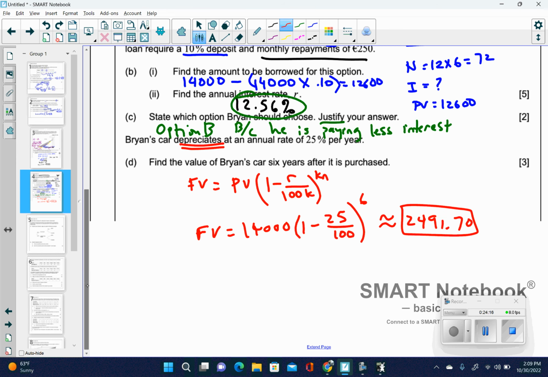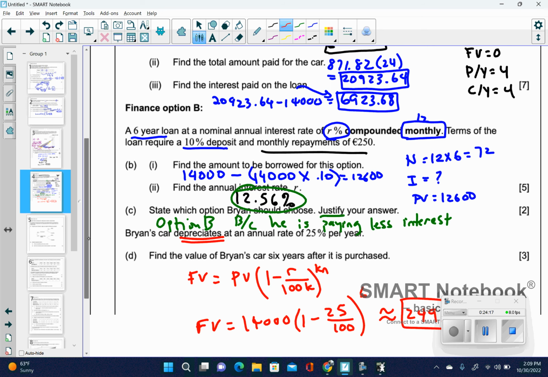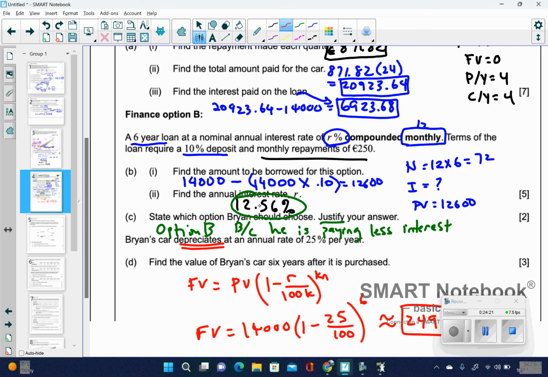I do want to go back real quick in case you're confused about this part about the interest. Let me see if I could just switch colors. Let's do purple. If you wanted to find out how much interest he's actually paying, instead of just looking at the percent, we know that for option B, he's paying 250 pounds per month times 72, because it's compounded monthly, 12 times 6 years, so that's times 72.